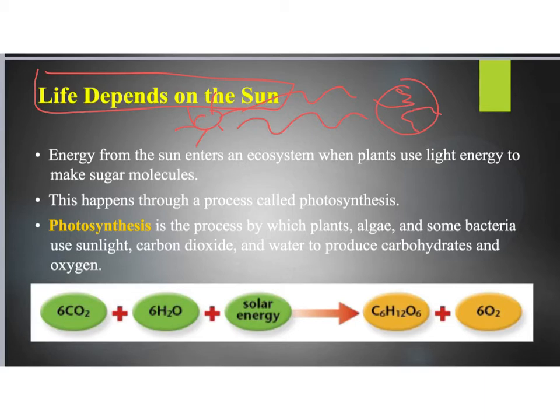This happens through photosynthesis. I know you've learned this before. It's a process by which plants, algae, and some bacteria use sunlight, CO2 right there, and water right there to produce carbohydrates right here and oxygen. Okay, without photosynthesis, life really wouldn't be possible on Earth. So a pretty important process to know.